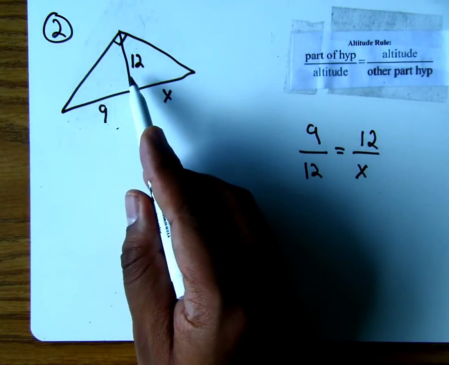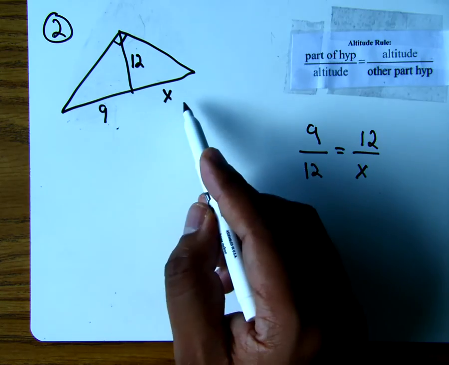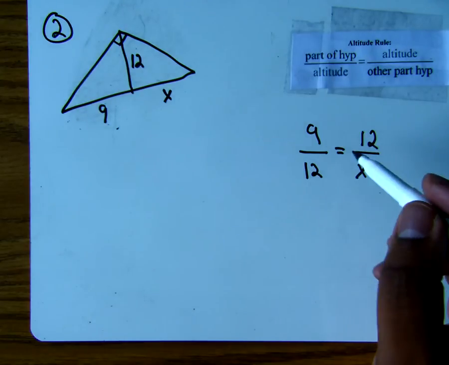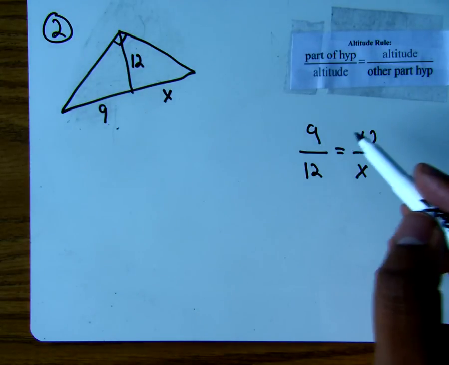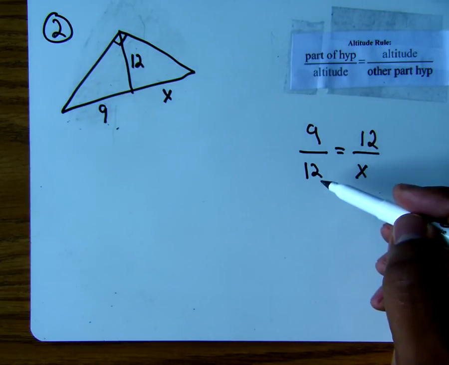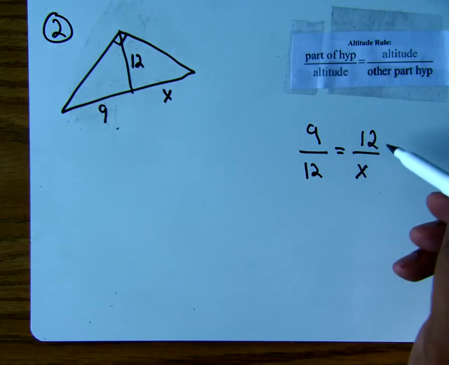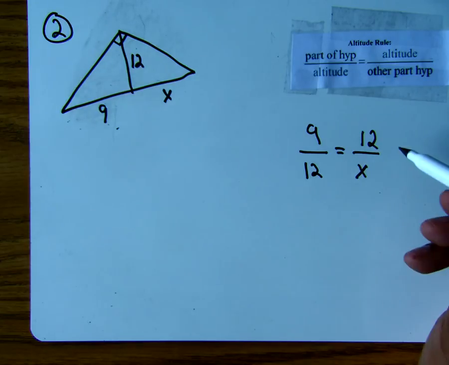The x can be the altitude, it can be the leg, it can be the whole hypotenuse like it was in the last example. But what stays the same is how you set up which piece goes where. So if your x happens to be here where you cross multiply, then you just have x squared, and to solve for x squared, you're going to take the square root.